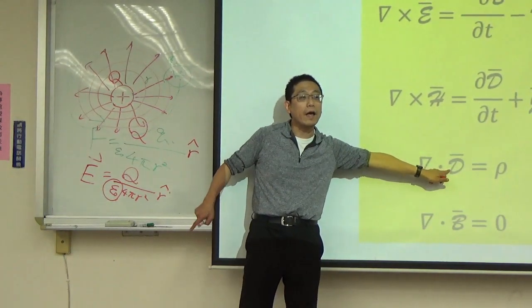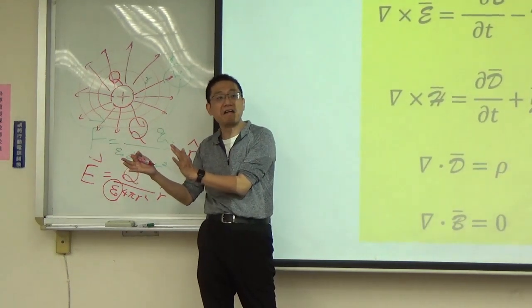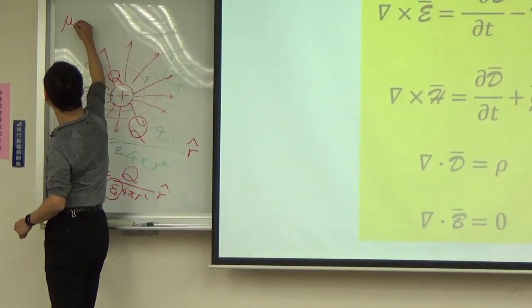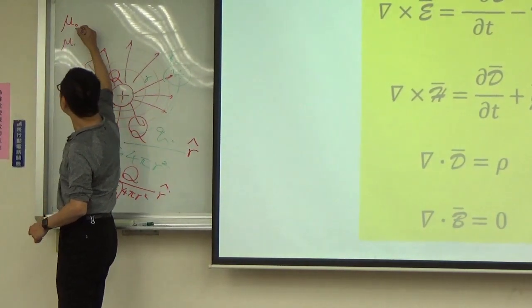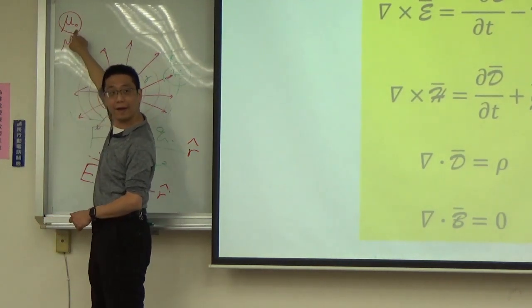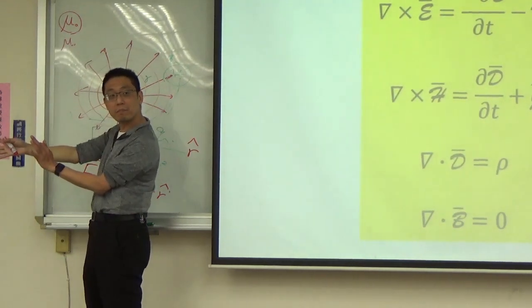And for the magnetic field, there is another notation we call mu 0 or mu. If you say mu 0, it is for air, and mu is for some special material.